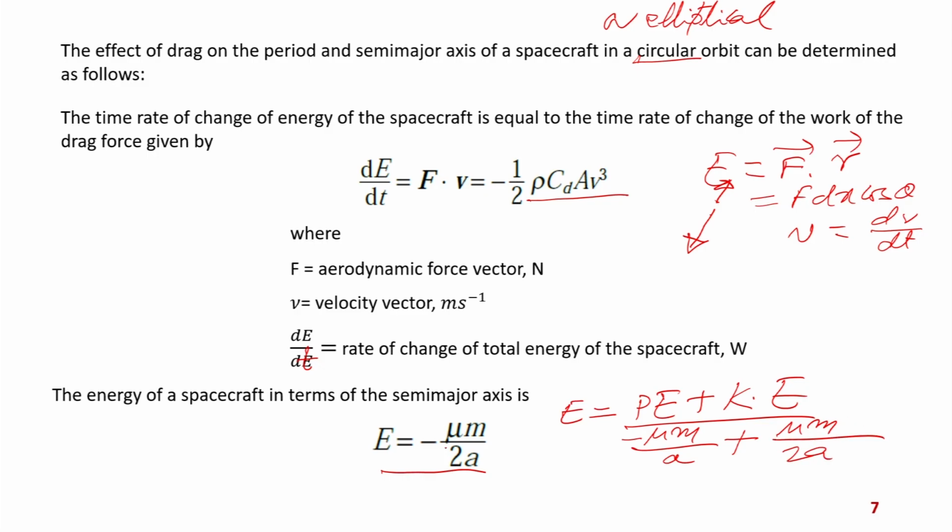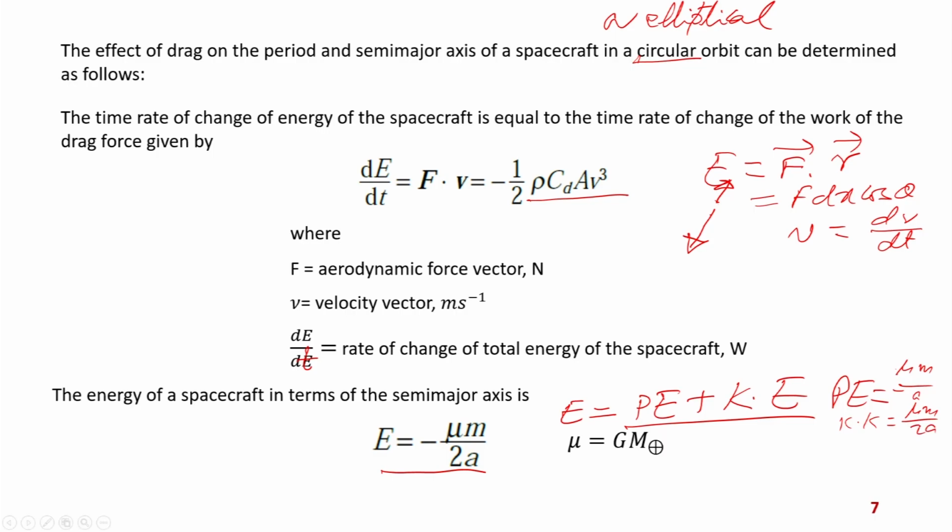So you get basically this when you sum these two, where mu is the gravitational constant. So you get this value.